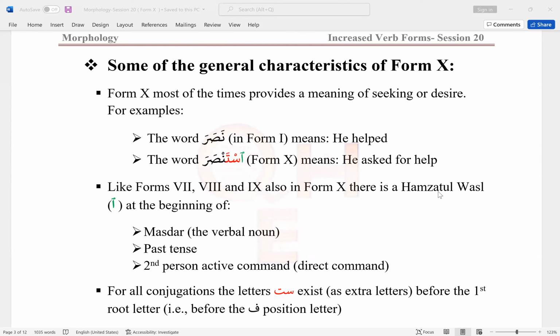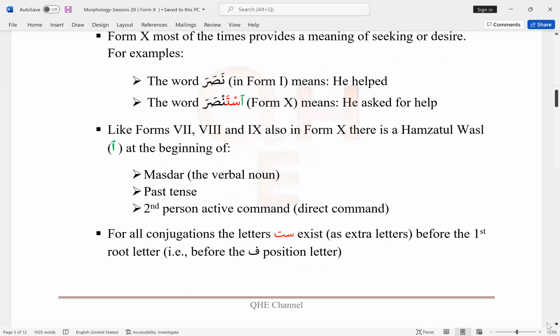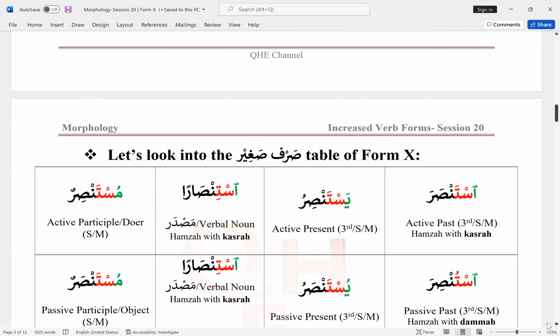Also, another information for Form 10 in general is that all the conjugations of Form 10 carry sin and ta consecutively right before the first root letter, or we can say right before the fa position root letter. Okay, now let's go over, inshallah, the Sorf-Sogit table.